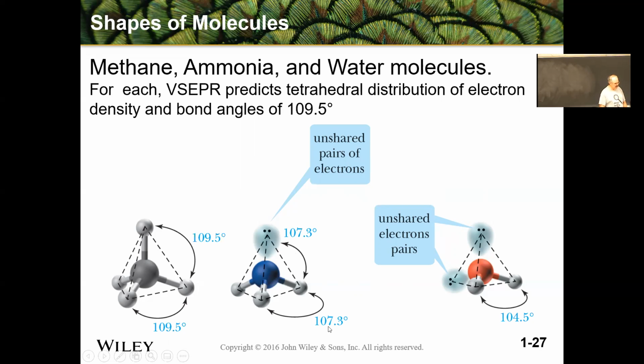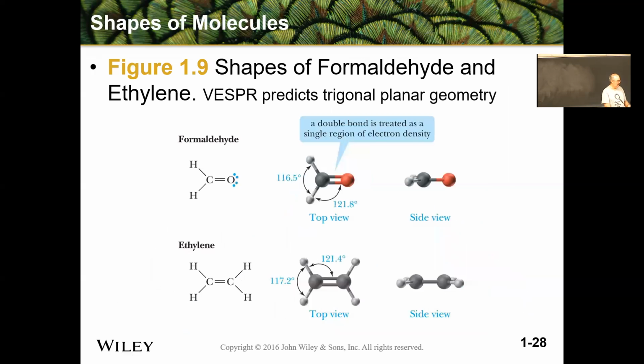So you can see it's a little bit smaller. In the case of water, we have 2 unshared pairs, and these are more spread out, and so that's going to compress the HOH angle down to 104.5. Non-bonding pairs will take up more space than bonding pairs.